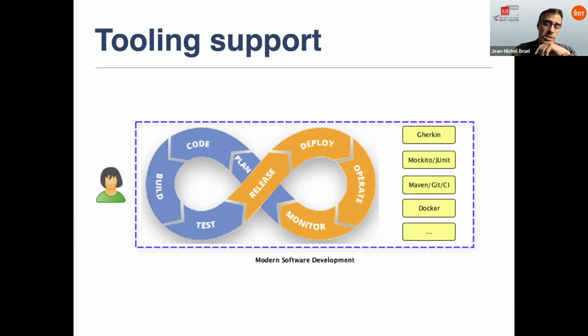What I will insist on is the top side of this slide, which is the language to express acceptance tests, which is Gherkin. But in the classical technical stack, and in the one you will find in the repository I will provide you, one of the classical basic elements is Docker.